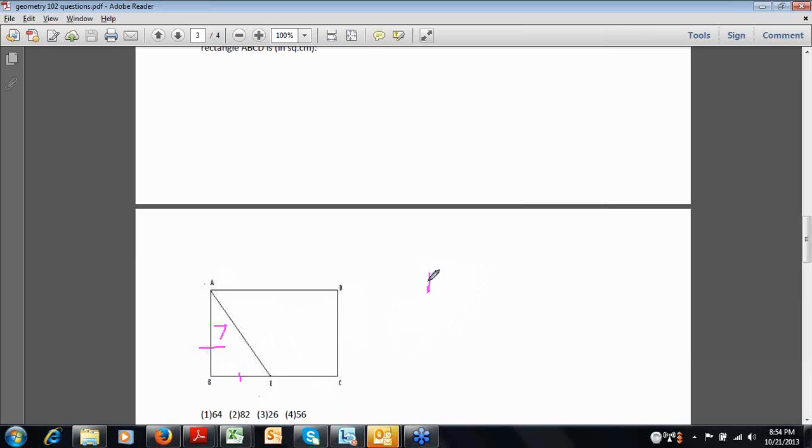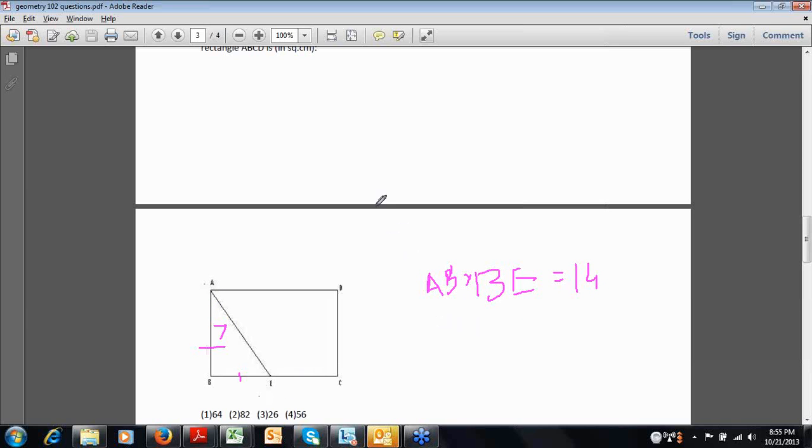So the area of ABE is given to be 7 square centimeters. That means AB into BE is equal to 14, 7 into 2, because AB into BE by 2 is given as 7. So this area has been given as 14.